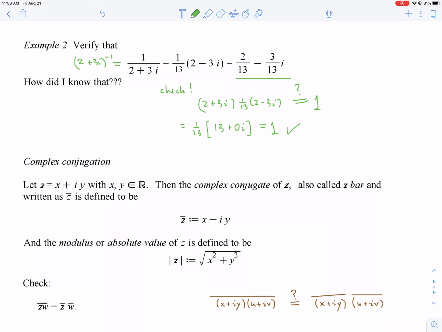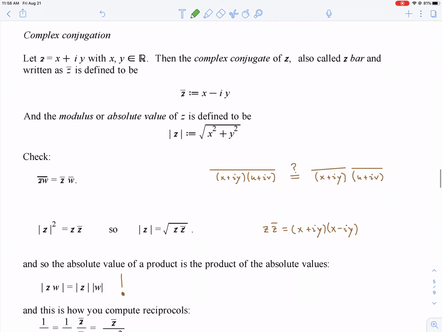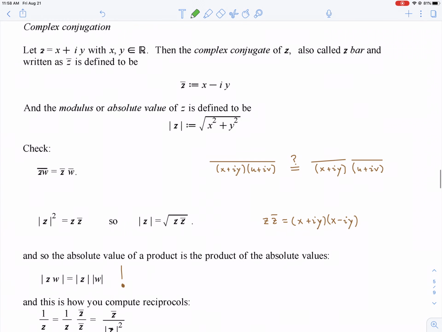Okay, so there was no magic there, but there was use of the conjugation operation. So I'll explain how I knew what the inverse was almost right away. Complex conjugation, which corresponds to reflection in R2 across the horizontal axis, is you replace x plus iy with x minus iy.